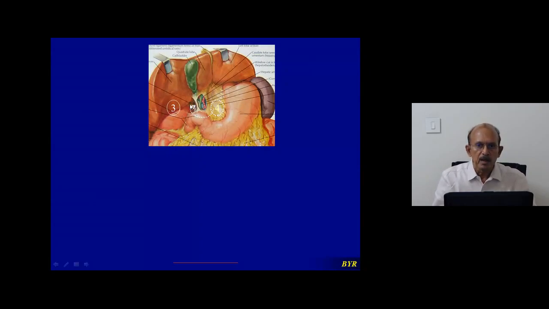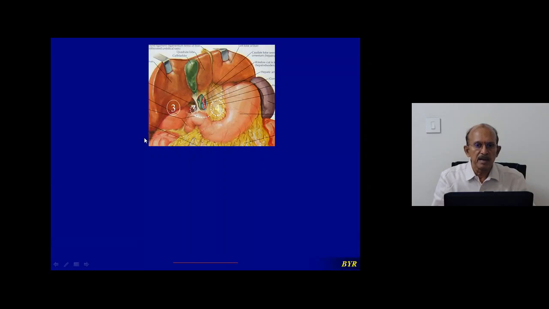Now you can see here, this is the foramen of Winslow, and number 3 is the place of the hepatorenal pouch. When the pus from the gallbladder flows, it flows like this. They collect here. From there, you can see from the lateral border of the kidney, they can pass like this. If they pass like this, here is the diaphragm.